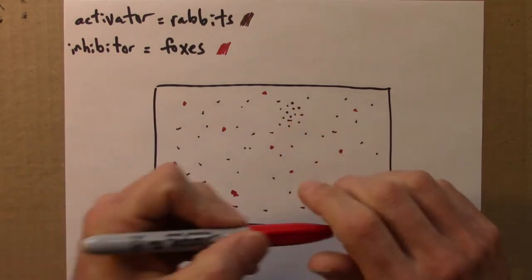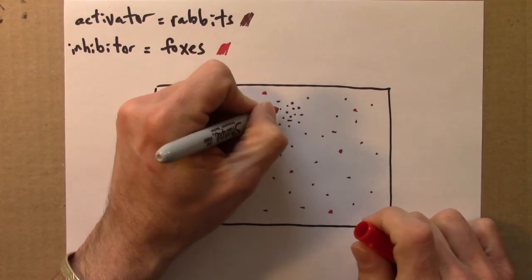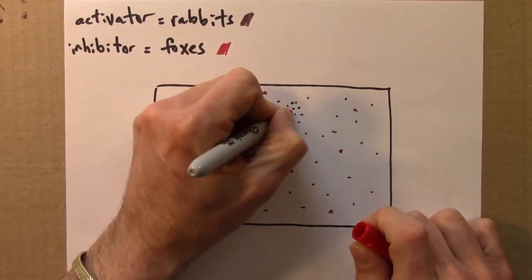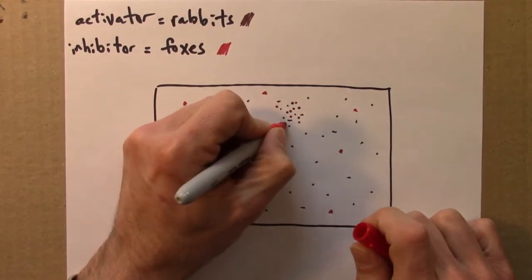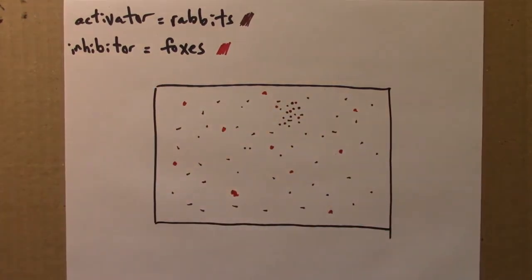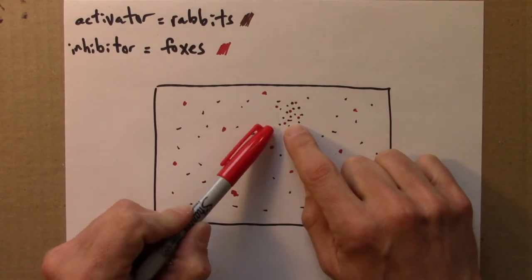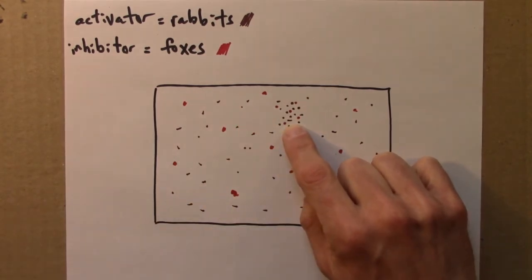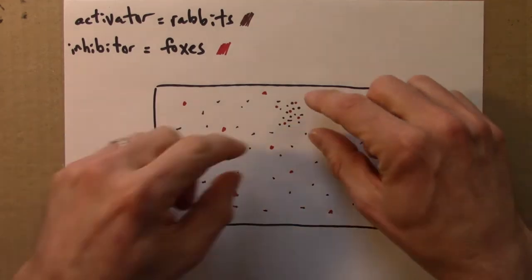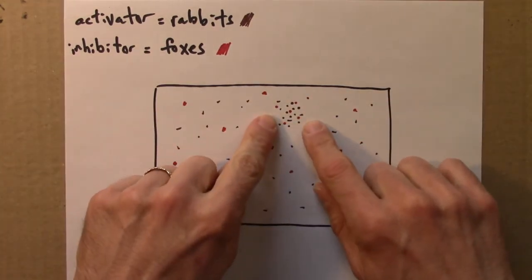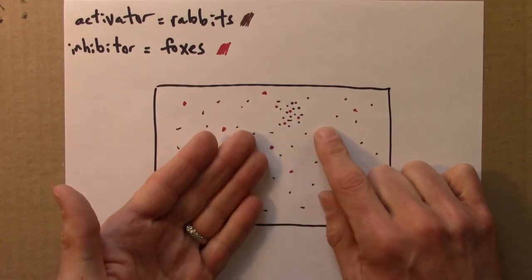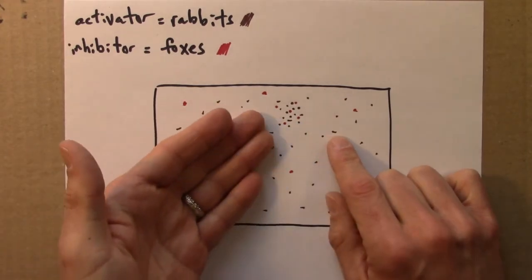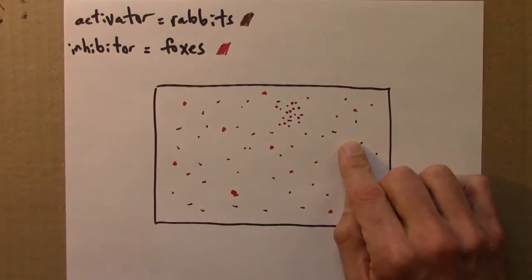However, if there is a high density of rabbits, there are going to be some foxes here too, because foxes want to go where the rabbits are. And so some foxes might move in, or, okay, unrealistically, in this model, there might be foxes just added from above, or foxes created out of nothing. So what's going on here is we have first a growth in the population of rabbits, and then a growth in the population of foxes.